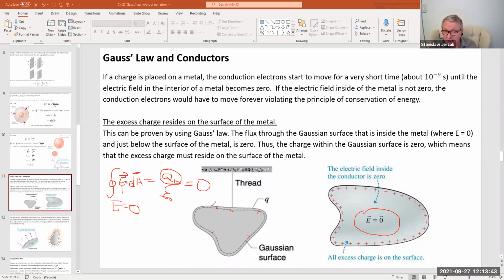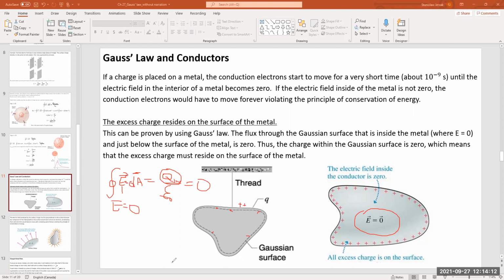So the excess charge must be outside of the Gaussian surface, and my Gaussian surface is just beneath the surface, which means the excess charge must be on the outer surface of that metal, on the outside layer of the surface. So that's the argument which I repeated slowly. Hopefully you got the point.